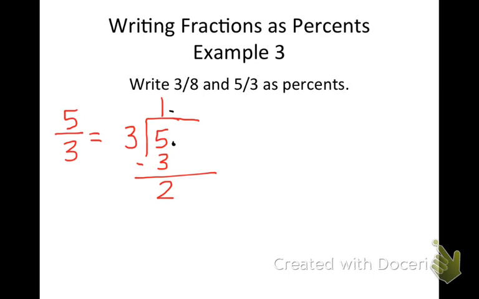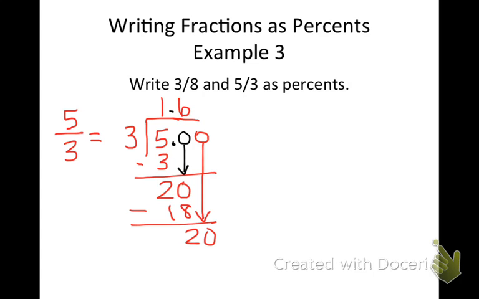Add a decimal and bring down a 0. 3 can go into 20 6 times, which is 18, with 2 left over. You'll see this pattern continues. We can stop here.